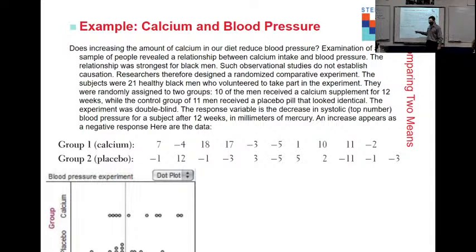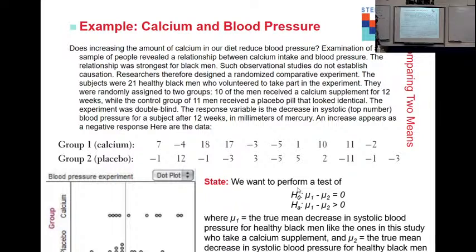So in other words, we're looking for, is this mean bigger than this mean? So the alternative is going to be that mu1 is greater than mu2, in other words, that mu1 minus mu2 is greater than 0. So that's your null, that's your alternative. Make sure you define what each of the variables are.